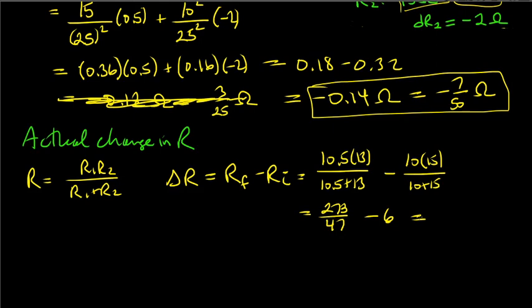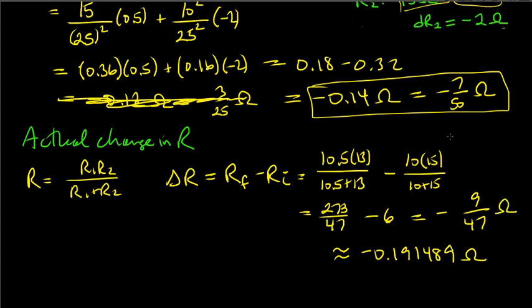So 273 divided by 47 minus 6 is exactly negative 9 over 47, but it's approximately negative 0.191489, good enough, ohms. I forgot ohms here.